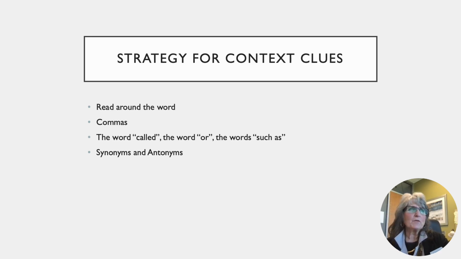And of course, I tell them, look for synonyms and antonyms. Look for the word like, or something that will help them to understand that unknown word. It may be present in the form of an antonym or a synonym within the body of the text.